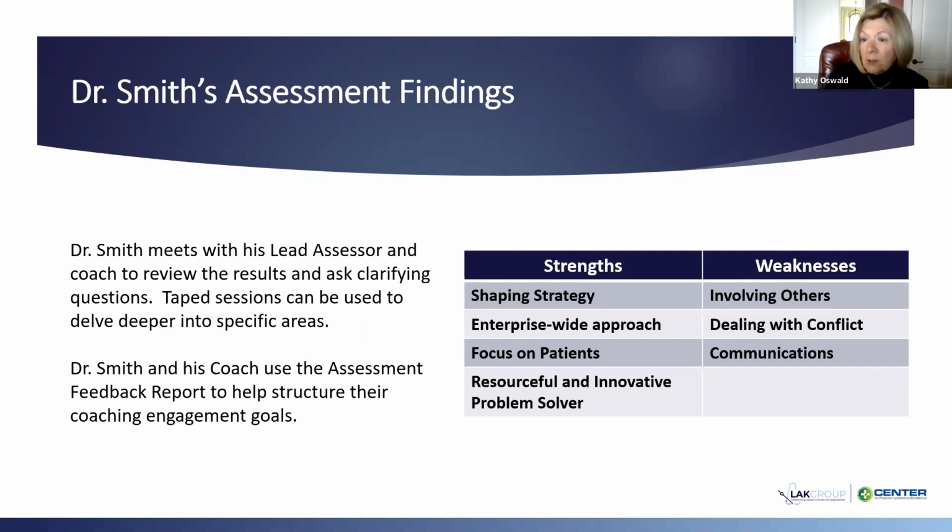Also dealing with conflict, which, as a coach myself, is something that so many of us struggle with. And then his communication, much stronger in a large group than an individual setting. So it got into enough of that detail that I think it really helps the coach when they go forward.